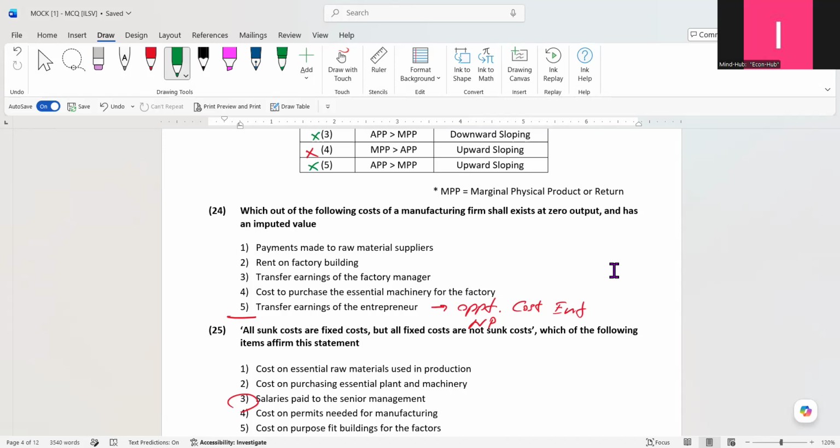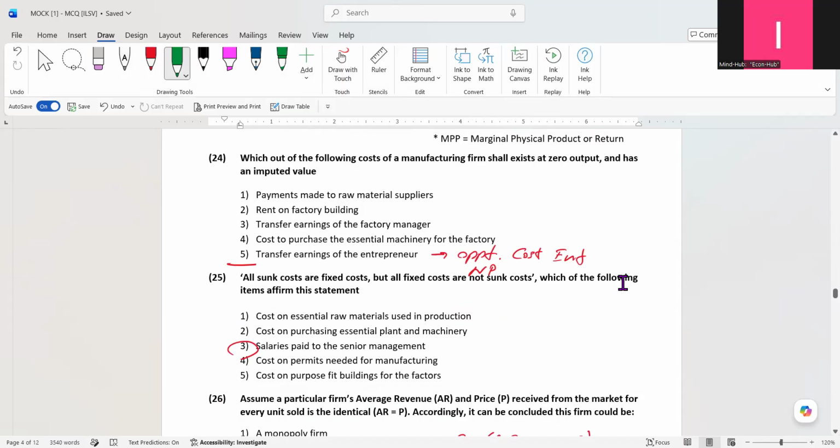We call it normal profits. Normal profits and amortization payments are two very economic examples of fixed cost. Remember, we are looking for fixed cost. Does it say fixed in the question anywhere? No. But if there's a cost at zero output, then it's a fixed cost. Normal profits is a fixed cost. Amortization payments is a fixed cost. Number 5. There are other examples of fixed cost as well.